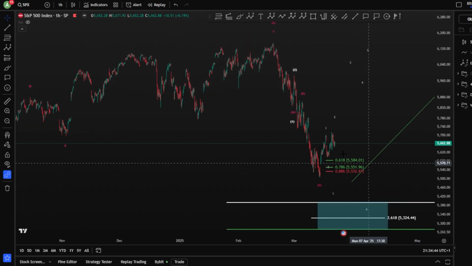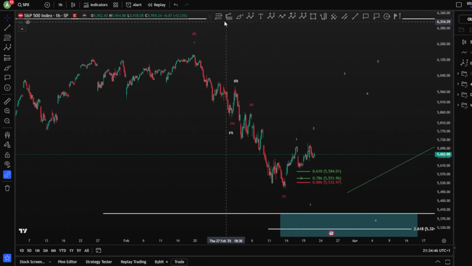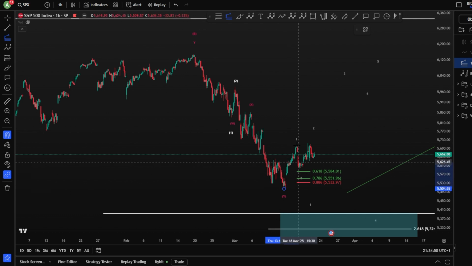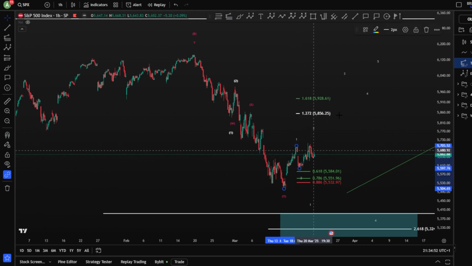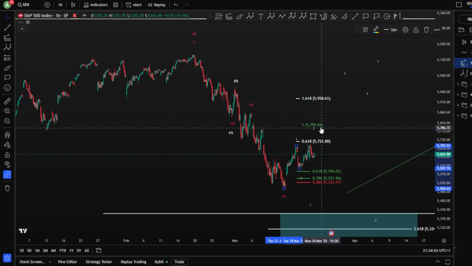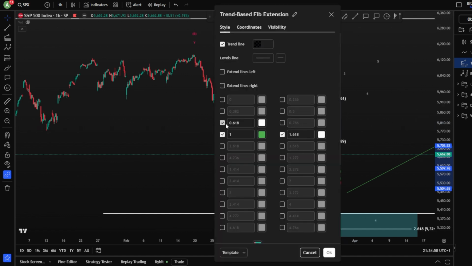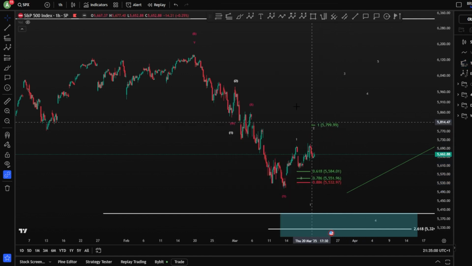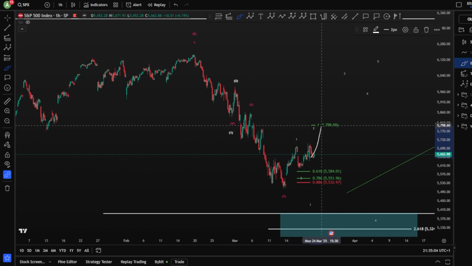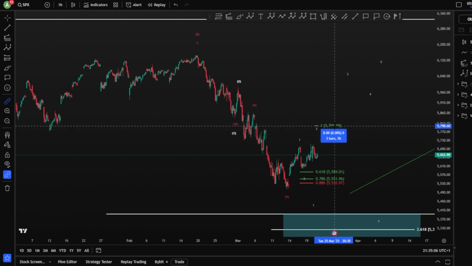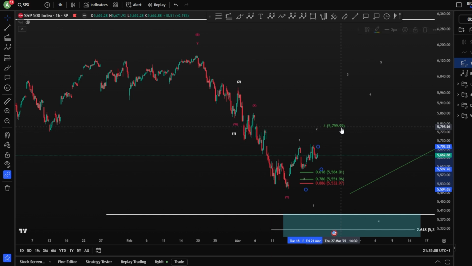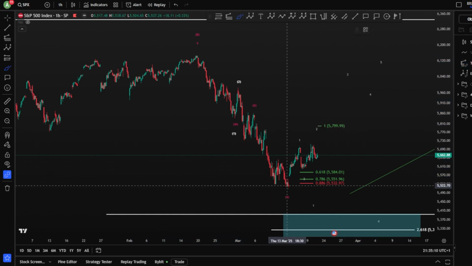If we reach the 1-to-1 fib level again, I'm going to give some invalidation points and some levels to be watched in case we are bullish. So if we are still bearish, you would like to hit the 1-to-1 fib level of 5,800. 5,800 is the level to be watched in case we are bearish.